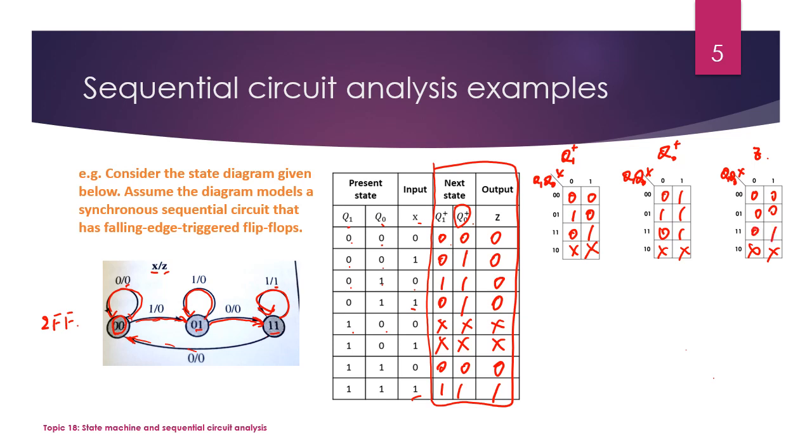Okay. Then what do we do? Just solve using the Karnaugh map. In this case, we will do that. And for this one, just itself. So Q1 plus should equal Q1 prime, Q0, and X prime, or for this one, we got Q1, X. For this one, we have this group, if you remember how we solve Karnaugh maps.